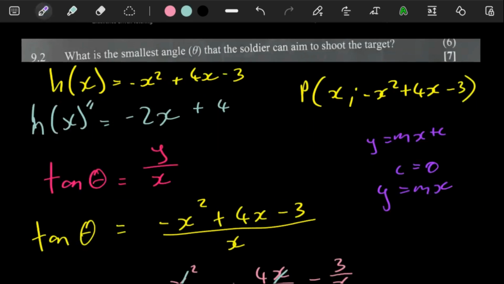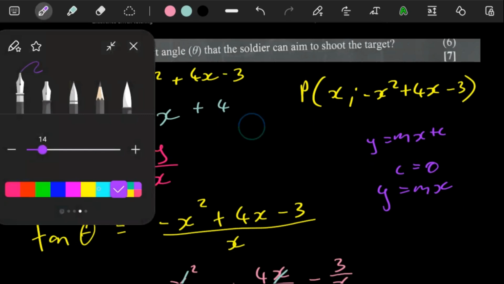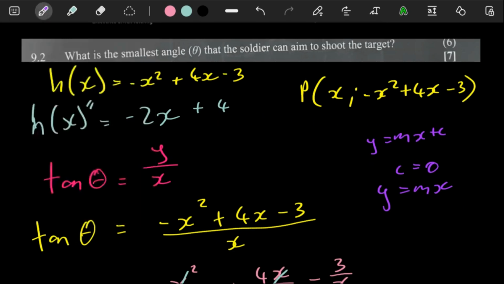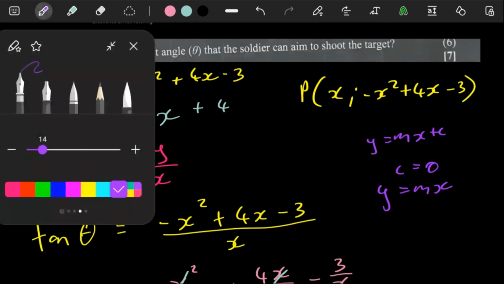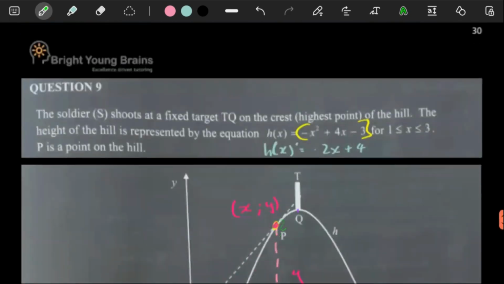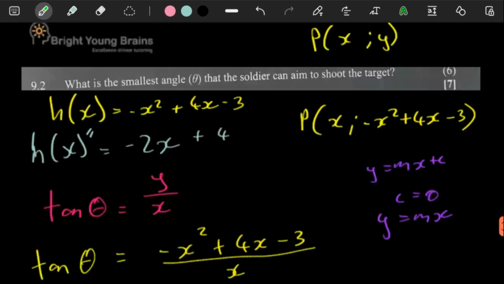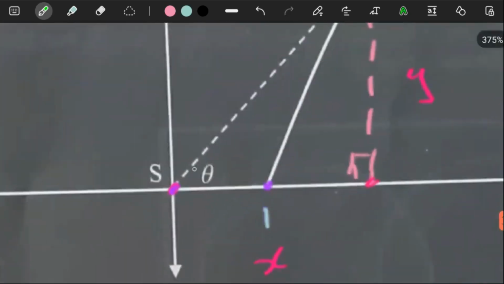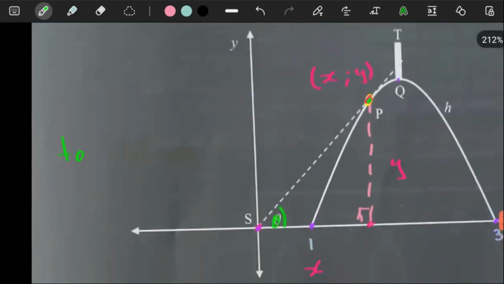Our value of m is basically the gradient at this specific point here, and we can get it because if we get the gradient of this line, we can easily get this angle. Remember, there's a formula that says tan theta is equal to m. We can get the angle of inclination if we have the gradient of this line.